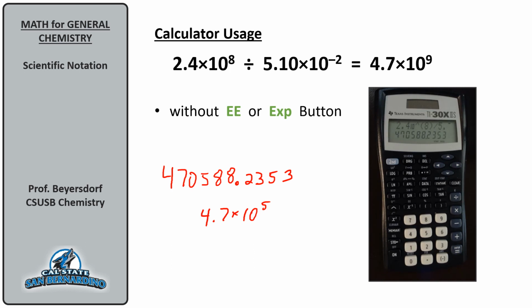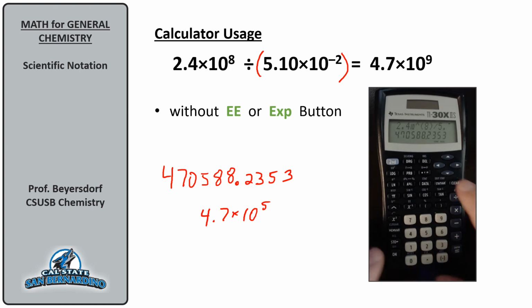So something's wrong. And the reason why it's wrong is the calculator thinks that what you want to do is take 2.4 times 10 to the 8th, divide by 5.1, and then multiply by 10 to the negative 2. So what you have to do on this calculator is put parentheses around there.